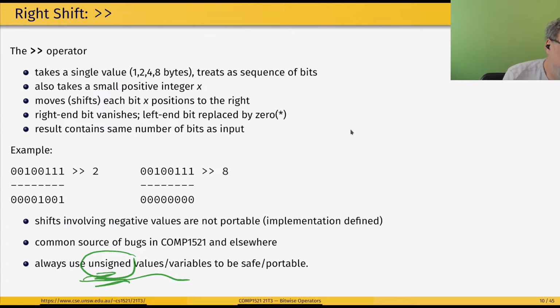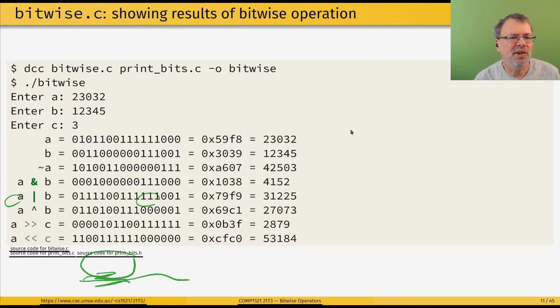But in this course, just use unsigned values when you're doing the shifts. A right shift sends the bits right, and if the value is unsigned, it zero fills. All right, so that's our operations.